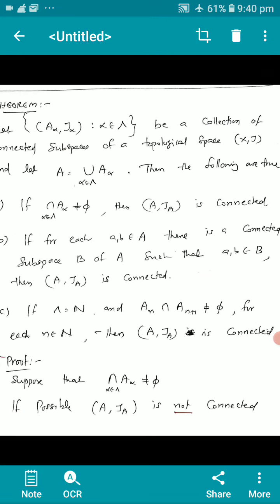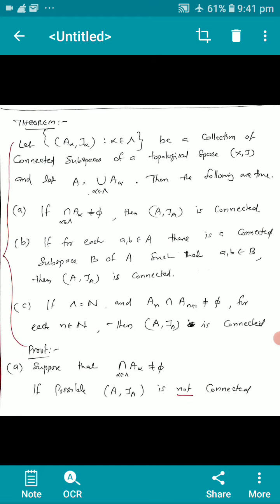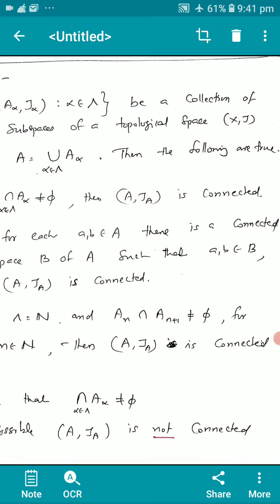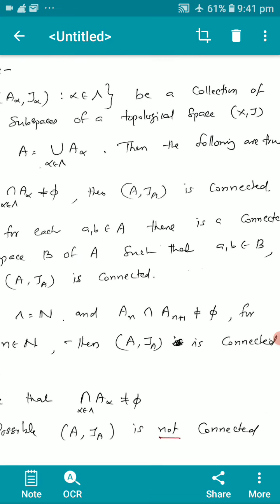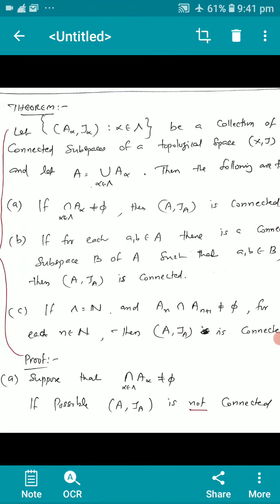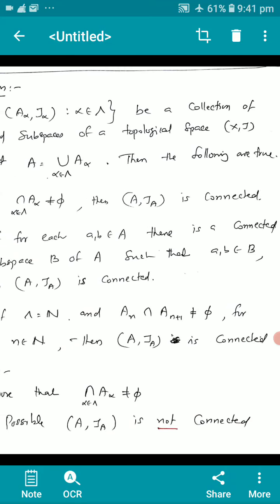Let E_alpha, alpha in the index set, be a collection of connected subspaces of a topological space X, and let A equal to the union of E_alpha. The following are true. Part A: if the intersection of E_alpha is not equal to phi, then A with the subspace topology is connected.